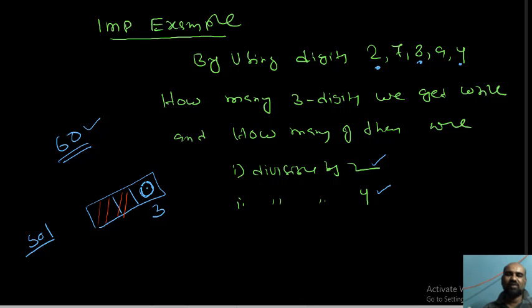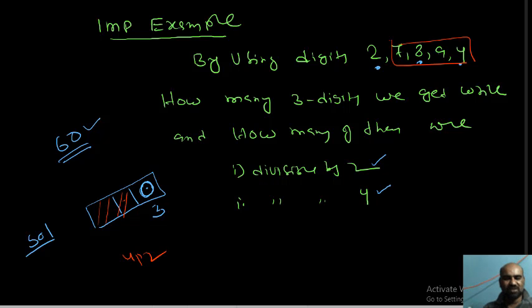After filling this blank in 3 ways, now we have 2 blanks. How many elements are left with us? 1, 2, 3, 4, because any one of the even numbers is filled here. If 2 is filled, I can fill 4 here. That's why any one of the even numbers can be filled here. The remaining are again 4 digits. So these 2 blanks can be filled in how many ways? 4P2 ways.